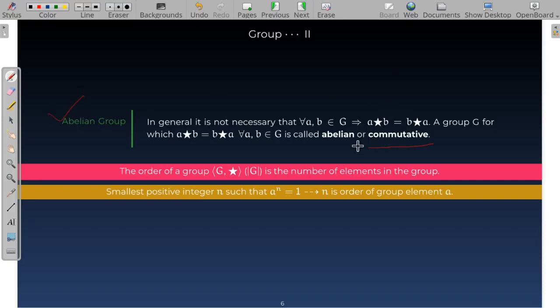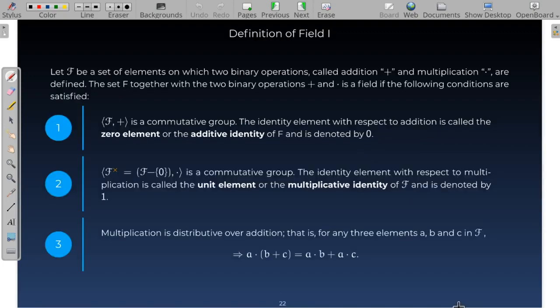Now we are going to proceed to the definition of field, and we will see what a field is. So as a group is doublet, a field is triplet. What I mean by triplet is that it is a set F together with two operations. In general, it is going to be multiplication and addition.